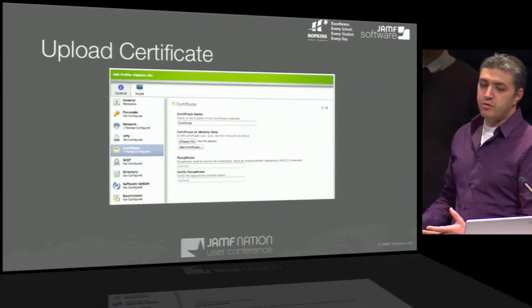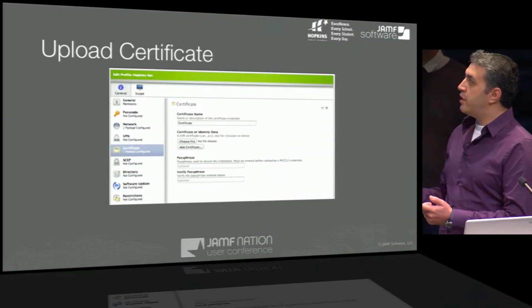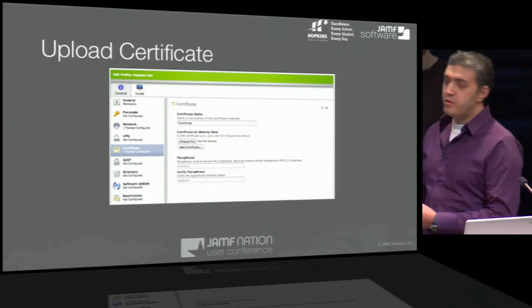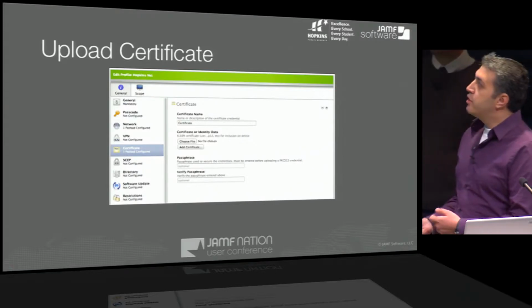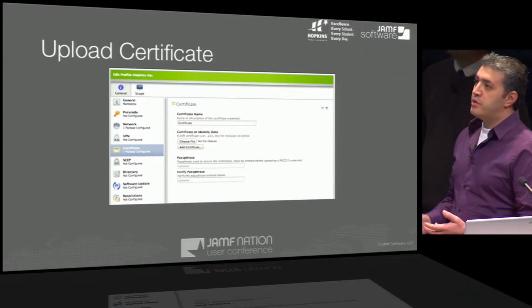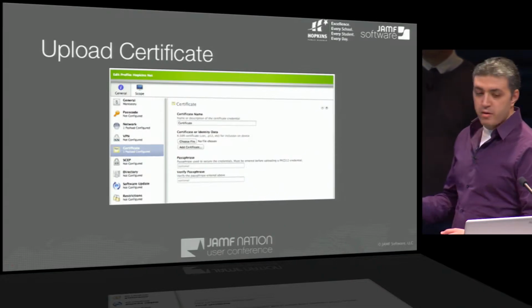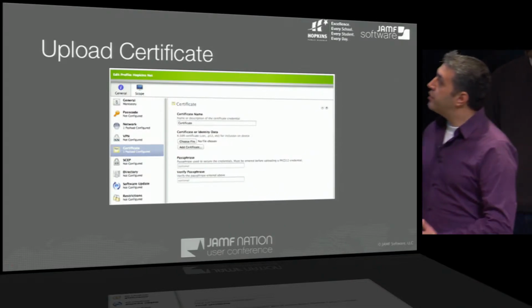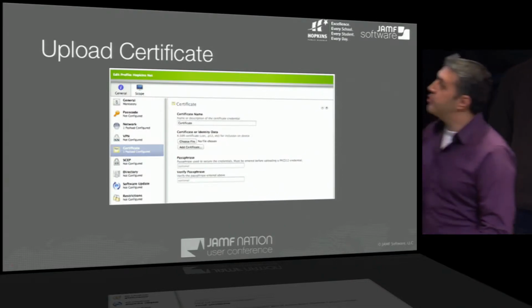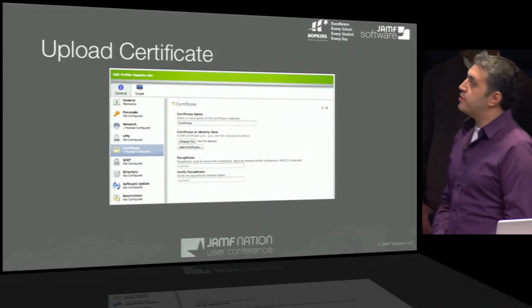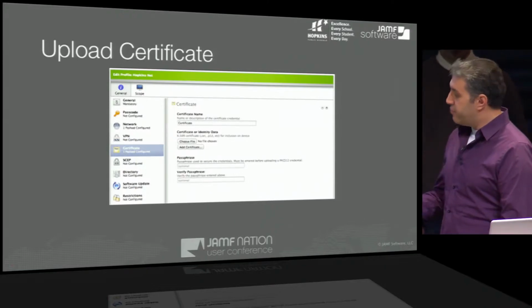The first thing that I like to do is install or import our certificate first, and I'll show you why I do that. So Andy mentioned that we use DigiCert wildcard certificate. Just go out to their site, download the certificate, import it. You'll notice that there are some requirements as far as what the extension needs to be for the certificate.